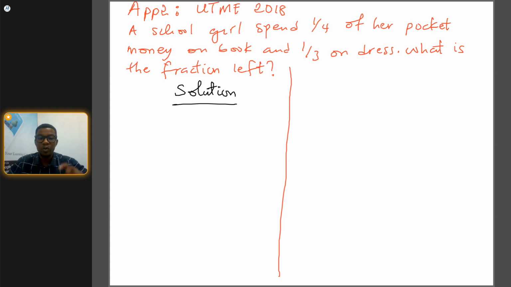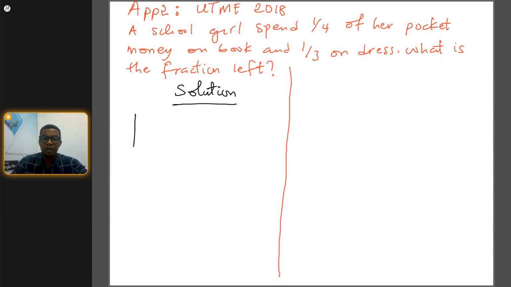So now the money of the girl here signifies a whole, when she has not spent the money, neither on dress nor book. So our pocket money represents 1.